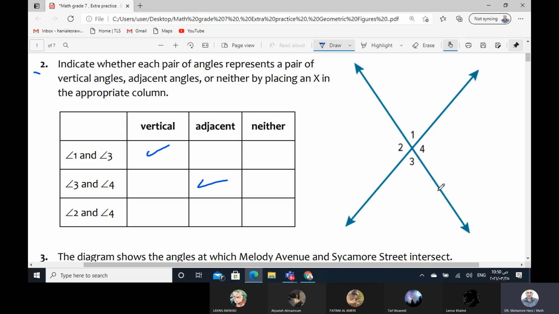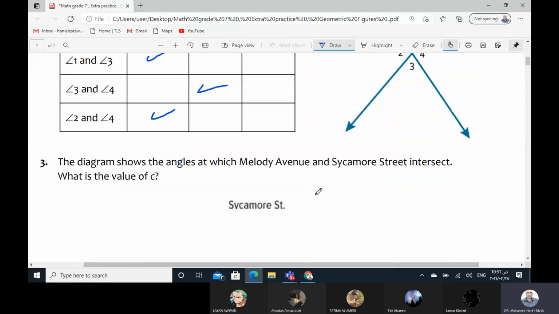This line is the same as this line, and this line is the same as this line, with a common vertex, and these are the opposite angles. So these are vertical angles. But 3 and 4 are adjacent because we have a common line between them and a common vertex. Okay, angle 2 and angle 4. Vertical. Great.